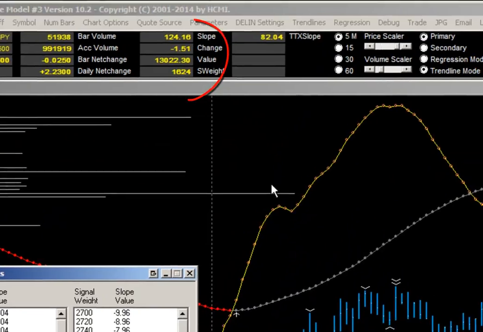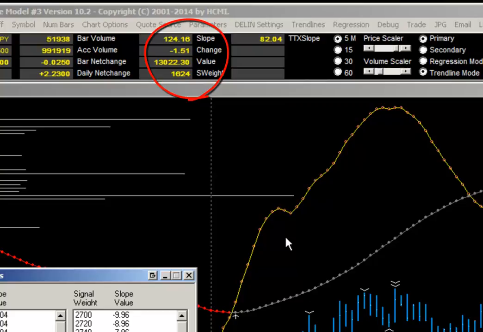So we're looking at the 5-minute here. We see that our slope value is plus 124, and we see that our change value is minus 1.51. The change of minus 1.51 means that the value of the slope has dropped 1.5 ticks from the prior bar.